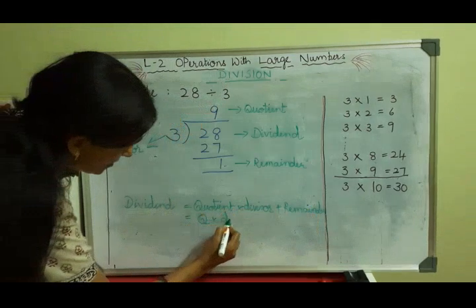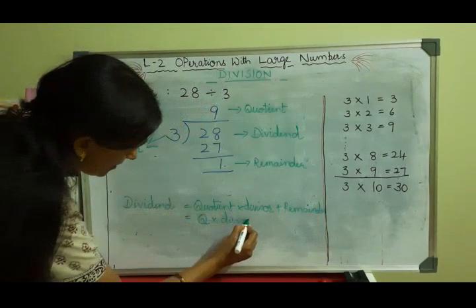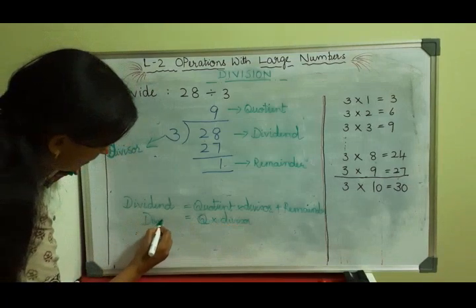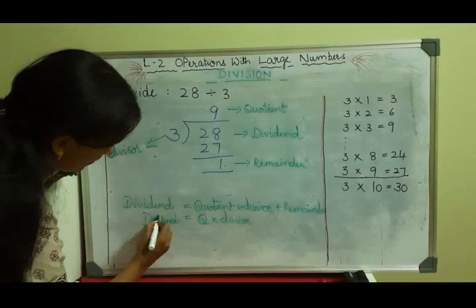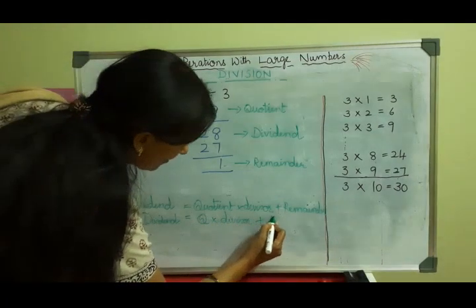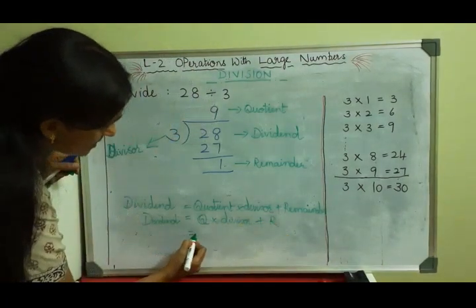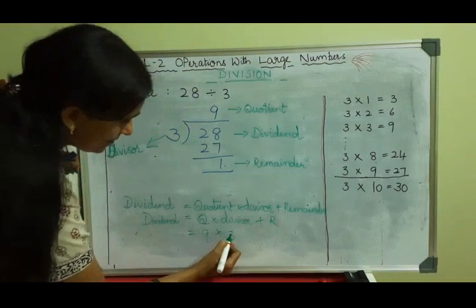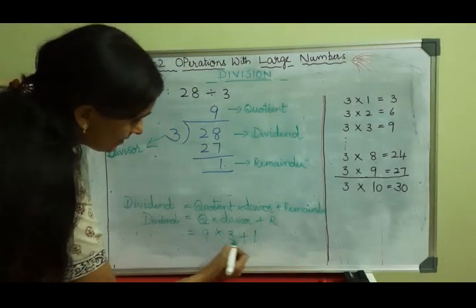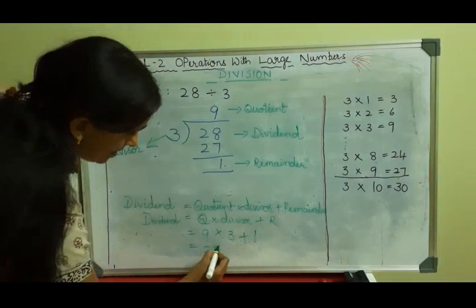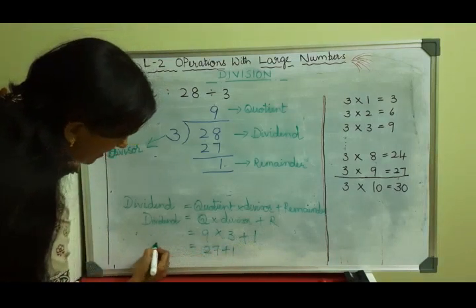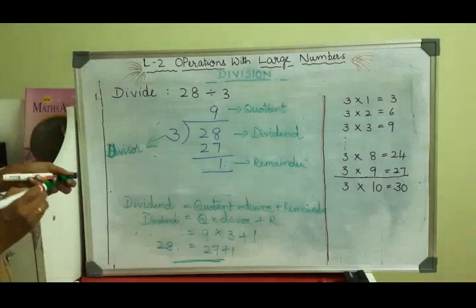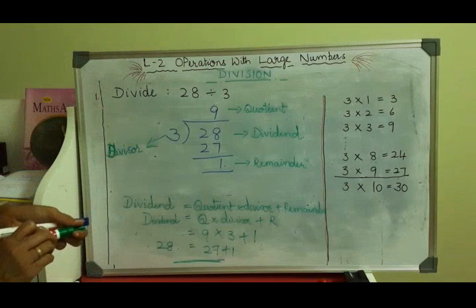Quotient into divisor: always write the divisor only, because it would be confused with the dividend. Dividend equals quotient into divisor plus r, we write r for remainder. Now what is the quotient here? It is 9. The divisor is our 3, right? Plus r 1. 9 3s are 27. 27 plus 1 is 28. We got the dividend. This is how you check whether you have done the division correctly or not.